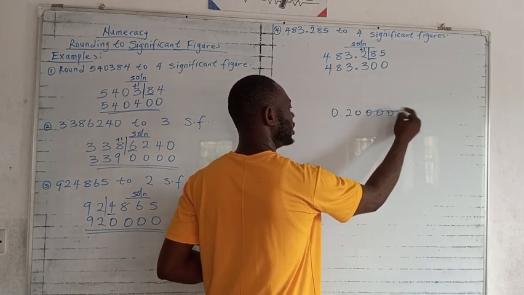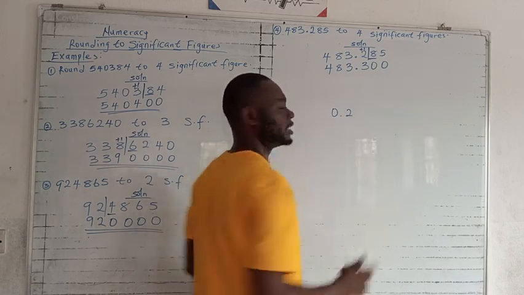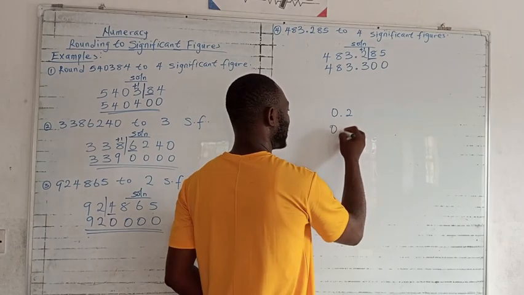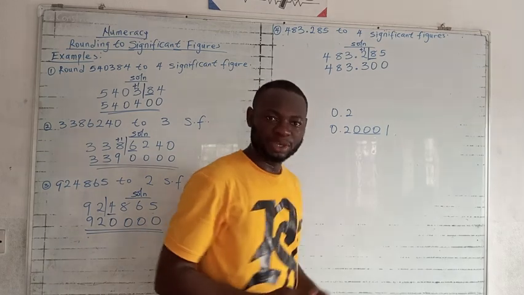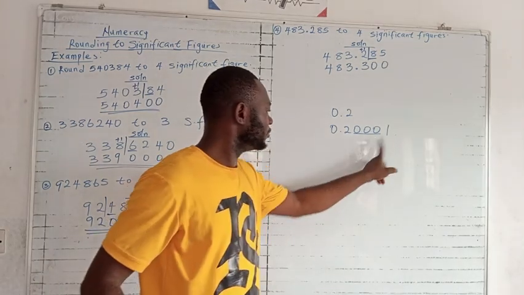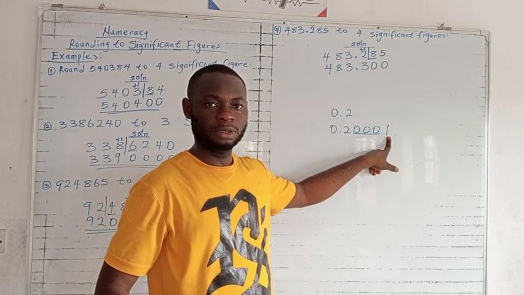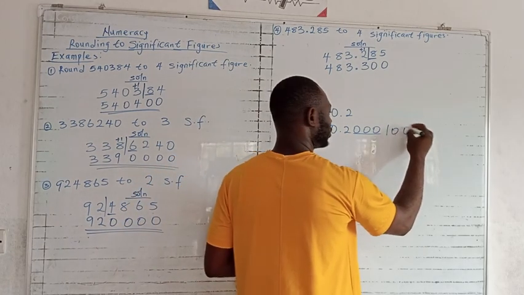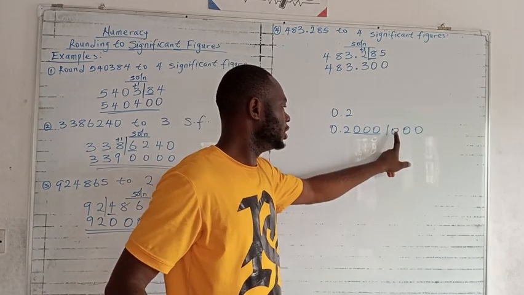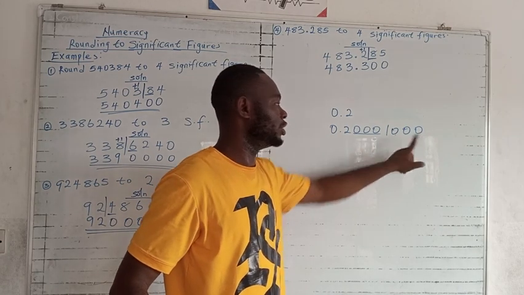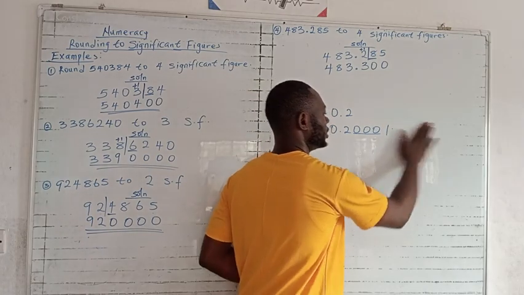All these things we see here is the same thing as 0.2. So these zeros are insignificant, so we take them away. But remember, if I have this 1, these zeros here become significant because of the presence of 1 at this place. But if there are other extensions of zeros and there's no other significant digit to back them up, these 1, 2, 3 zeros at this point become insignificant. So we can do away with them.